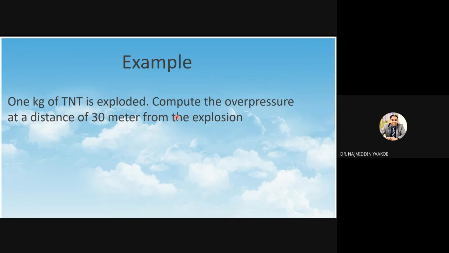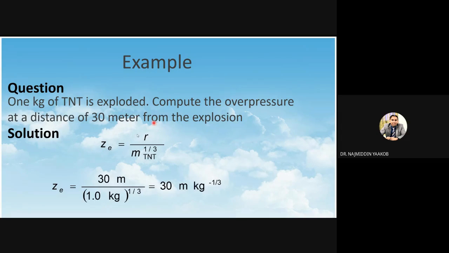So we go to an example. 1 kilogram of TNT is exploded. Compute the overpressure at a distance of 30 meters from the explosion. So we want to know the P_o. All right, so the solution: first use the equation to calculate Z_E. You know the radius is 30. The M is 1 kilogram of TNT.